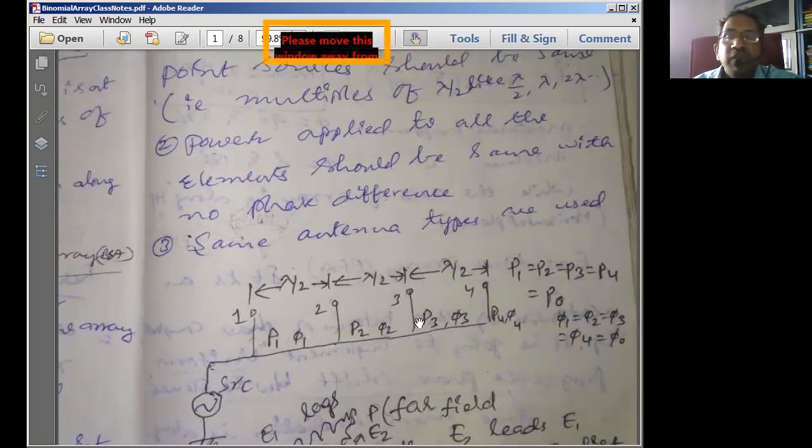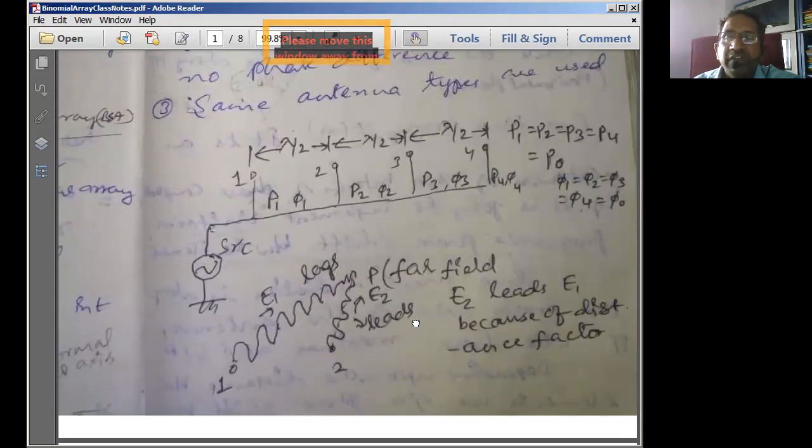That is, phi 1, phi 2, phi 3, phi 4 should be of the same phase. So the input power you apply to all these antennas should be the same, and the phase at which you apply these powers is also going to be the same in the case of the broadside array, along with the spacing between the antennas being the same.